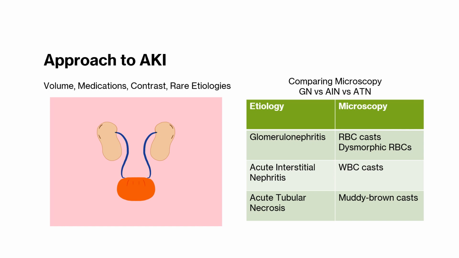And then acute interstitial nephritis, you're going to have white blood cell casts, but it's non-specific. Remember, even pyelonephritis can have white blood cell casts, right? But in that case, you'd see pyuria in the UA and things like this. So it's not specific, but it can lead you towards acute interstitial nephritis. And then lastly, acute tubular necrosis is going to classically have those muddy brown casts that you see.